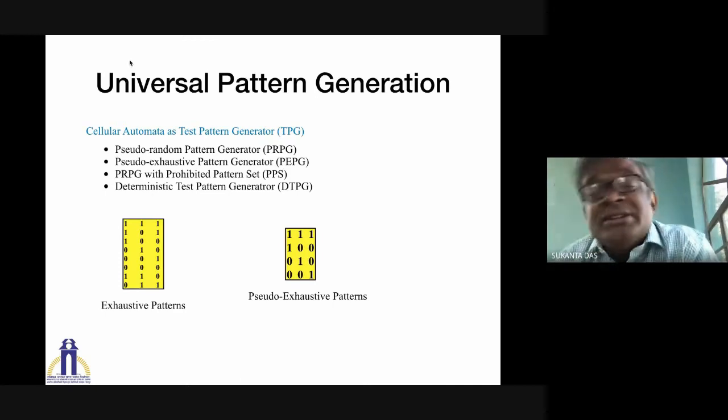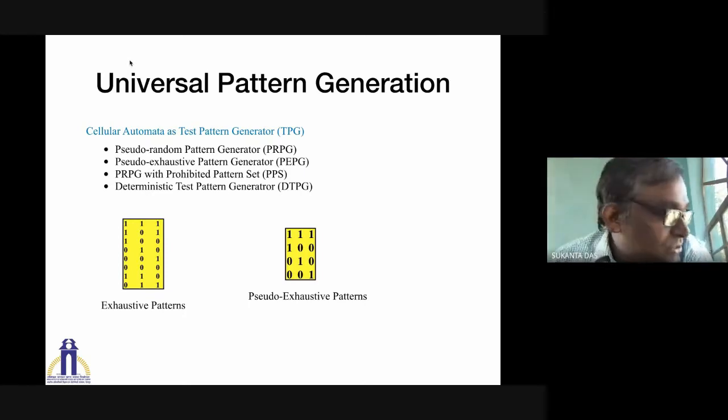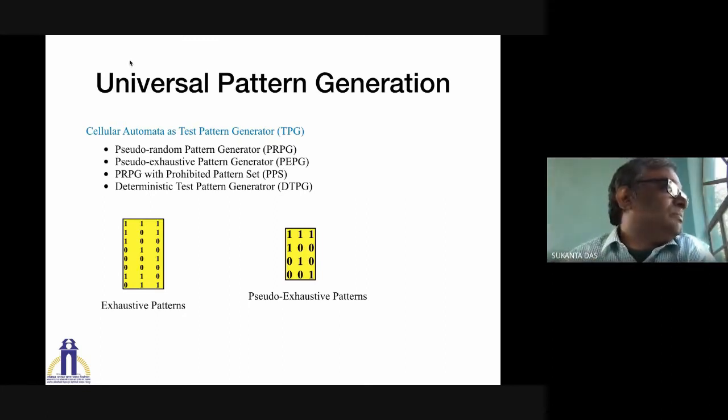But what you see here, a few bits, the last two bits, have appeared exhaustively. So these kinds of patterns are called pseudo-exhaustive patterns. The last two bits have appeared exhaustively, right?